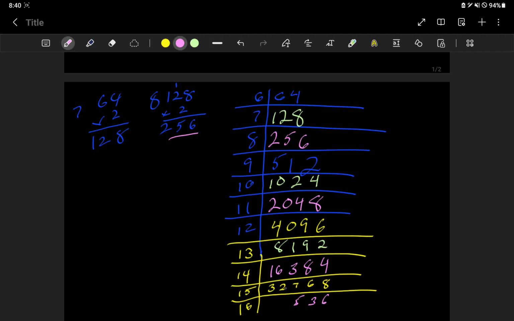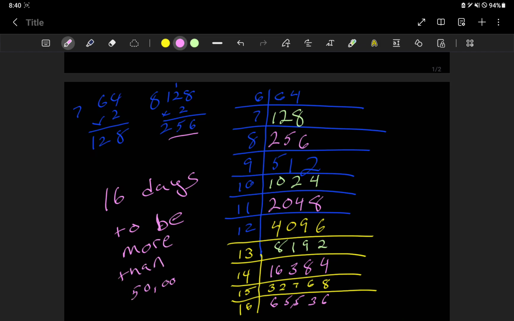Carry 1. 2 times 2 is 4, plus 1 is 5. 2 times 3 is 6, and so that's 65,536. And so that's 16 days to be more than 50,000.